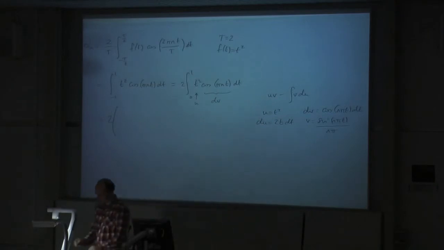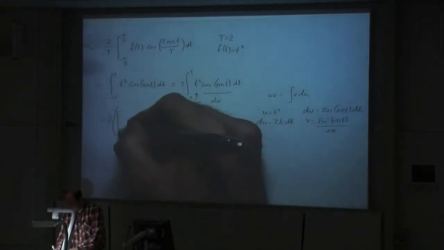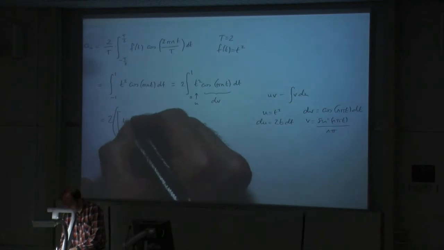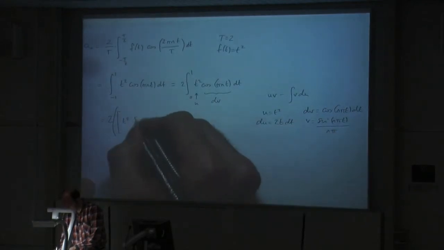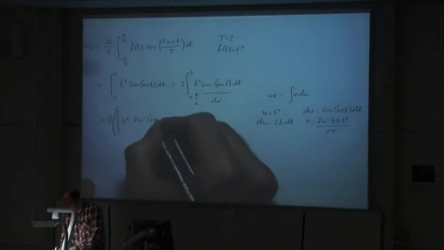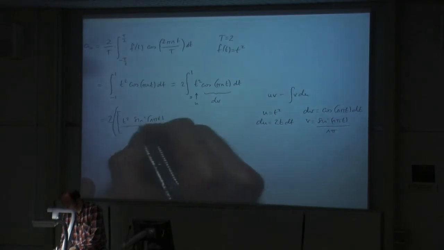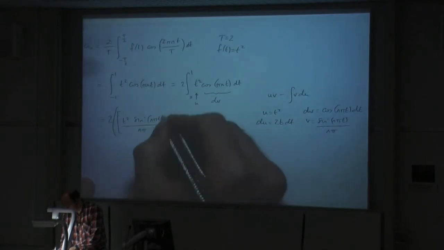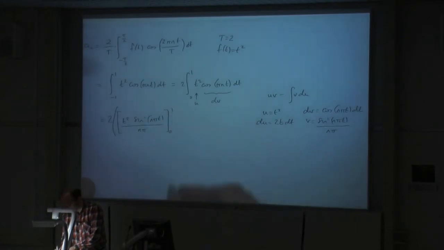So the first term, u times v, well u is t squared times by v, sine of n pi t divided by n pi, between 0 and 1.